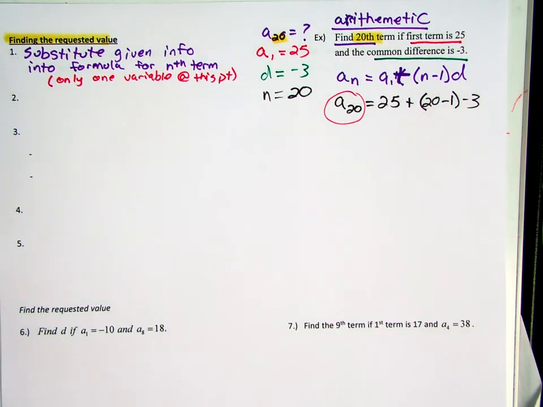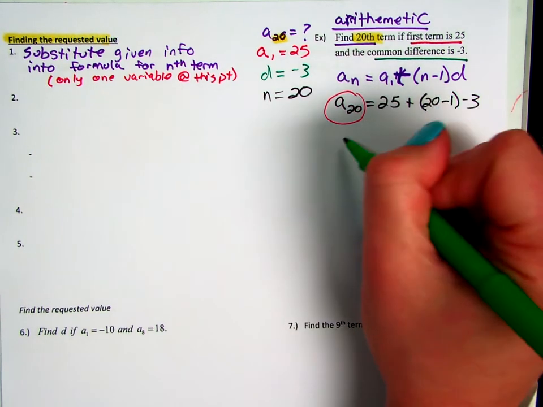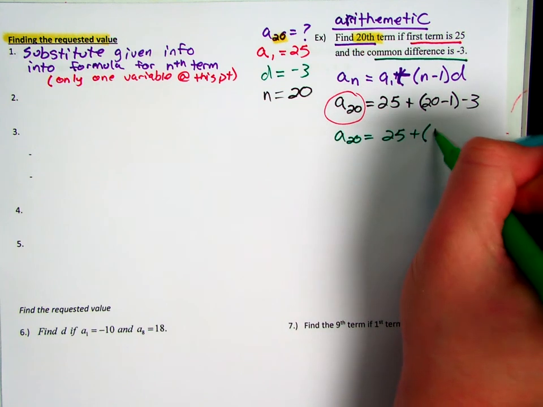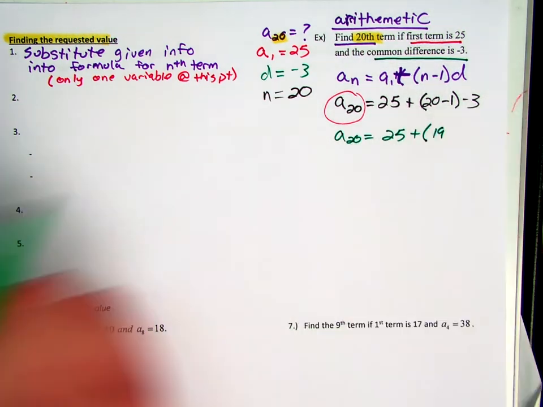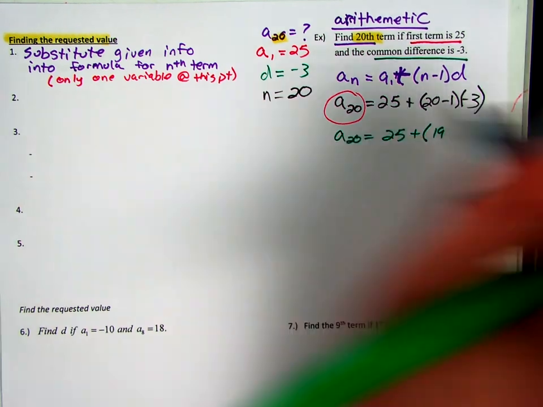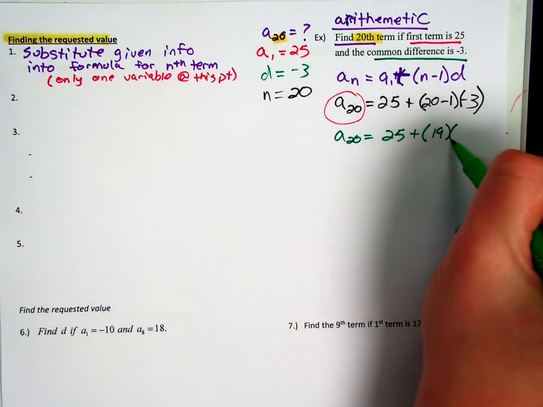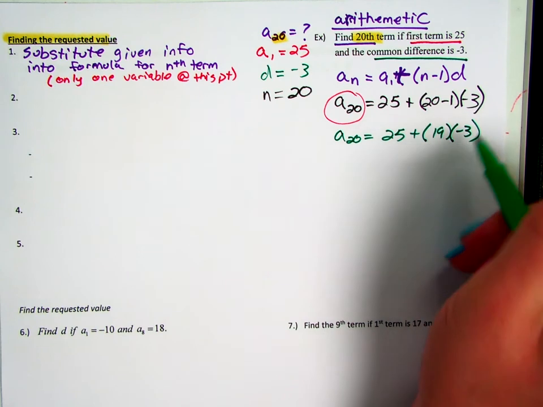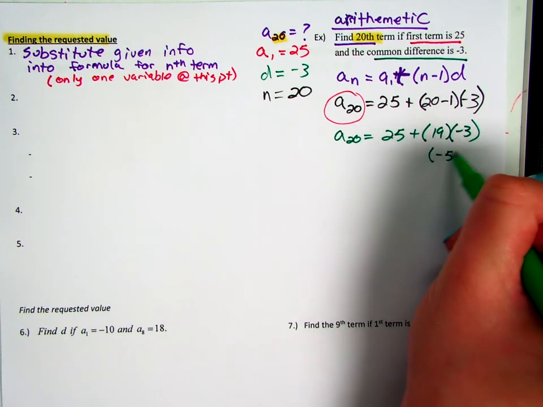Now that we've substituted in, we can simplify this. a sub 20 equals 25 plus 19. Be careful, I thought that was -3, but it was supposed to be multiplication, so you should put it in parentheses so you realize you're multiplying by -3. 19 times -3 would be -57.